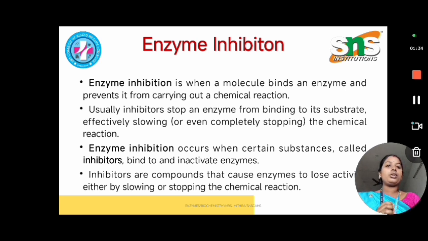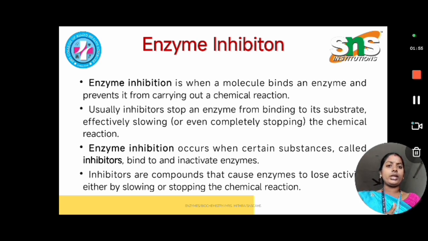Usually, inhibitors stop the enzyme from binding to the substrate. As I told already, the enzyme has to bind with the substrate and the enzyme substrate complex will be formed. After the enzyme substrate complex is formed, the products are released in the chemical reaction.